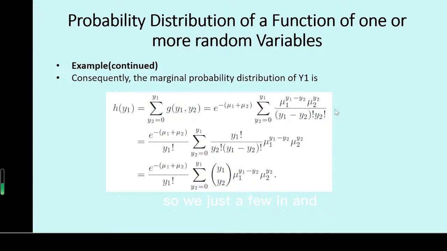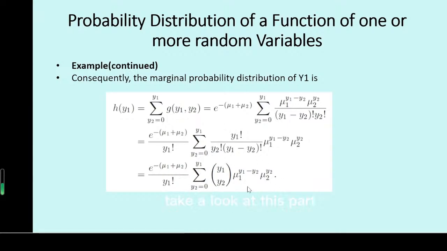So we just fill in and take this part out from the sigma, then go one step further, divided by y1 factorial and then times y1 factorial here. Then we can get this one equals the sum of the combination (y1 choose y2) times mu1^(y1 minus y2), then times mu2^y2.